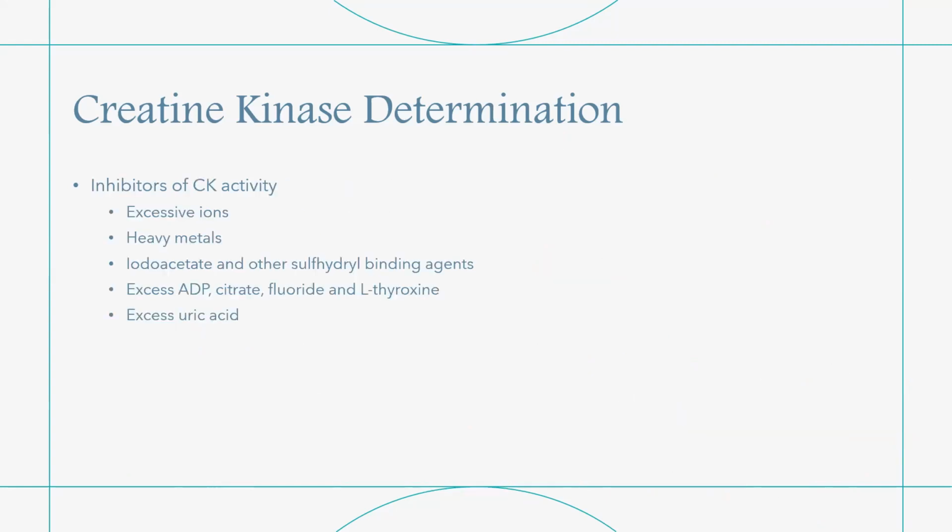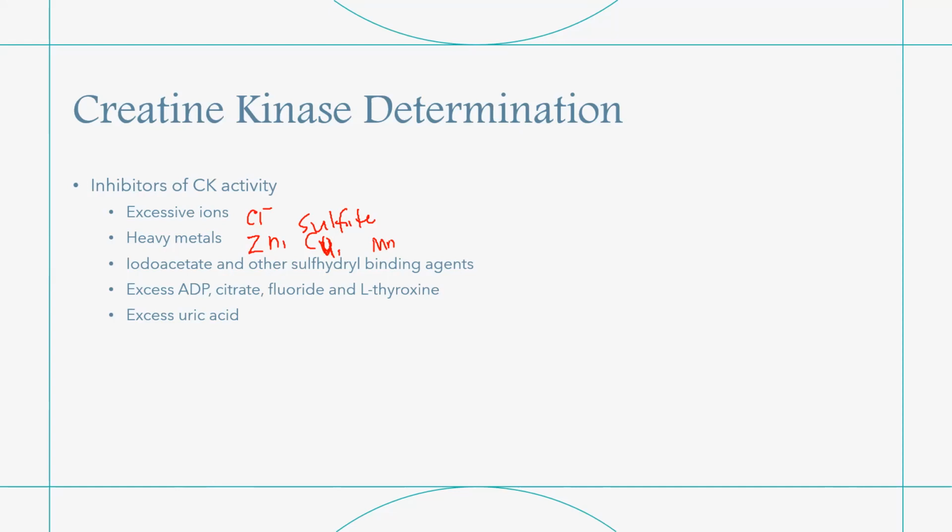Now, what factors inhibit the activity of creatine kinase? Number one, excessive ions such as chloride and sulfate. Heavy metals such as zinc, copper, and manganese ions can also inhibit the activity of creatine kinase.